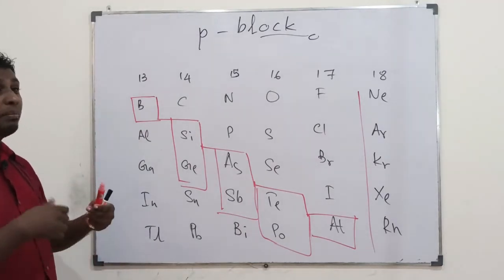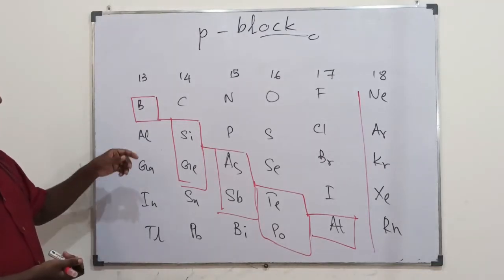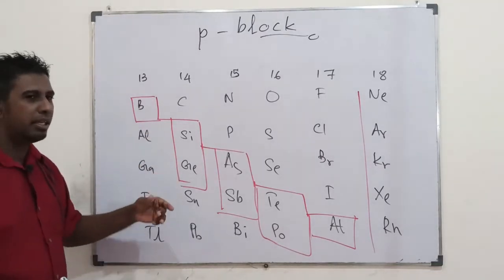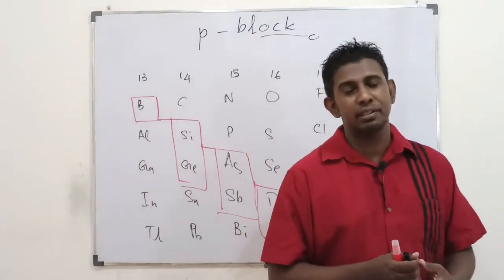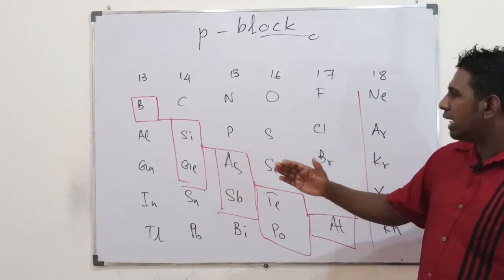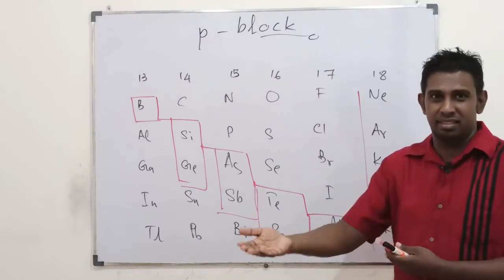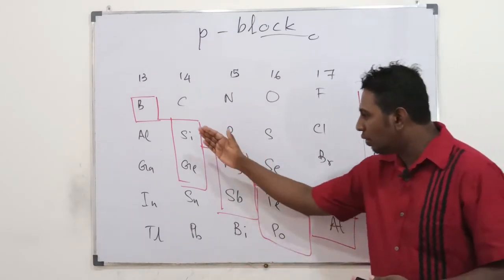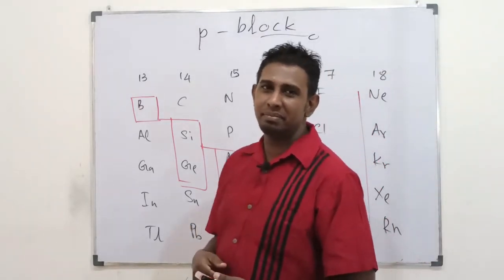Metalloids exhibit both metallic and non-metallic character. Silicon and germanium are used in semiconductors as well. These are the metalloids. All the others you find here are non-metals, and all the others you find there are metals.